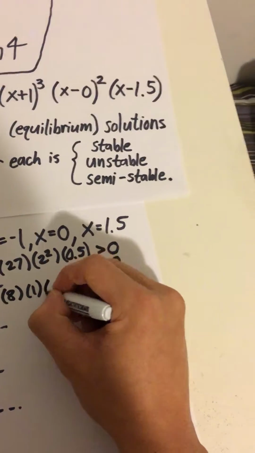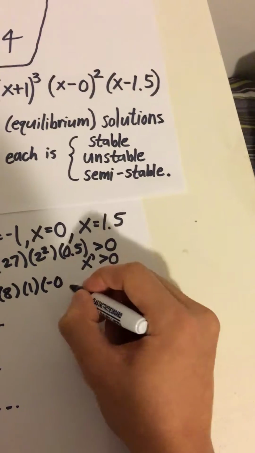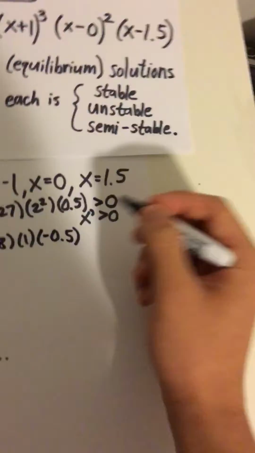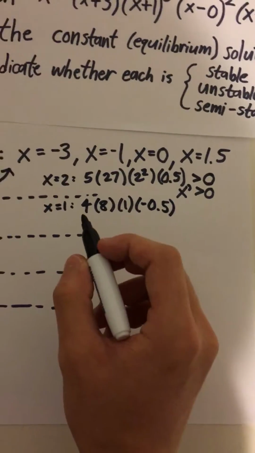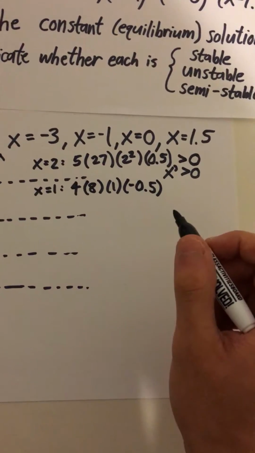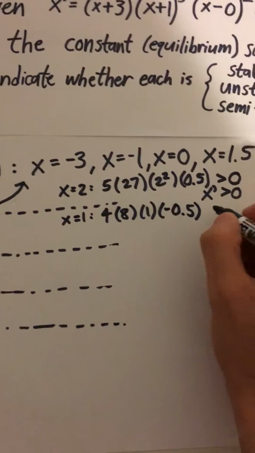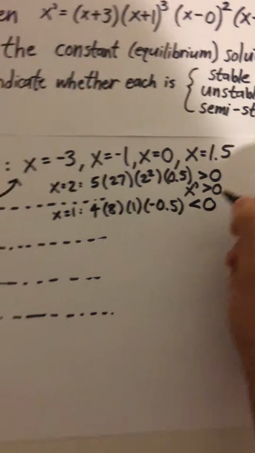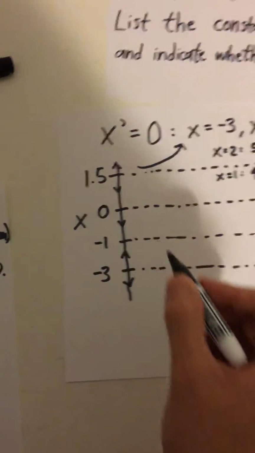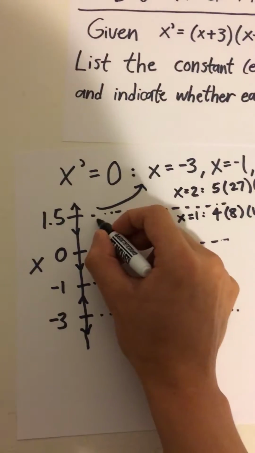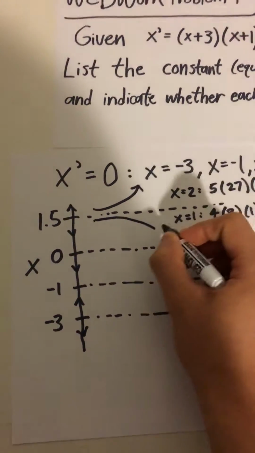And now we have our negative 1.5. It doesn't matter what the number exactly is, we just know it's going to be negative. So our derivative is going to be negative, which means that this function is indeed decreasing. It's going to look something like this.